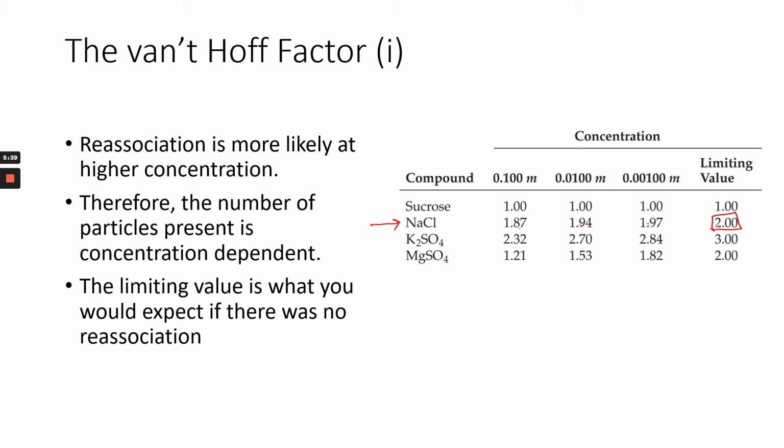We call our ideal situation the limiting value. The limiting value is what you would expect if there was no reassociation. And in most problems, if they don't actually state the Van't Hoff factor, you're going to assume it's the limiting value.